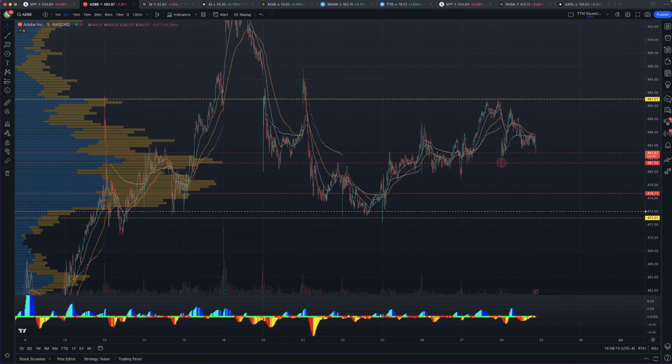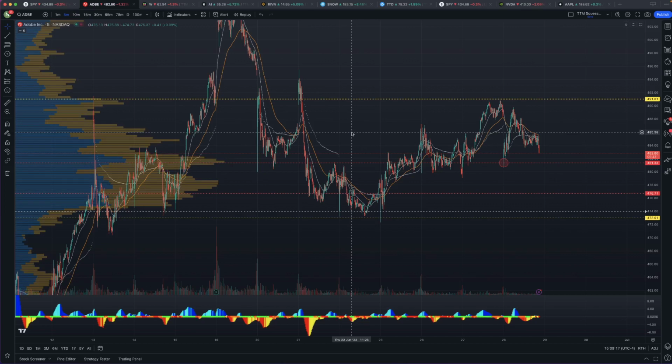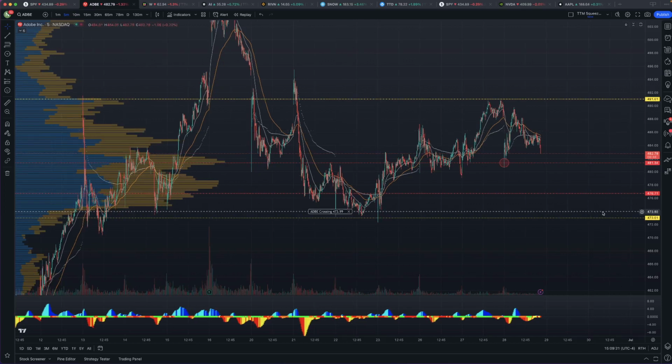In this market, I'm less willing on a $480 stock to let it ride all the way down to here. I would most likely stop and try again, right? That's the beauty of trading, is you can always try again, right?